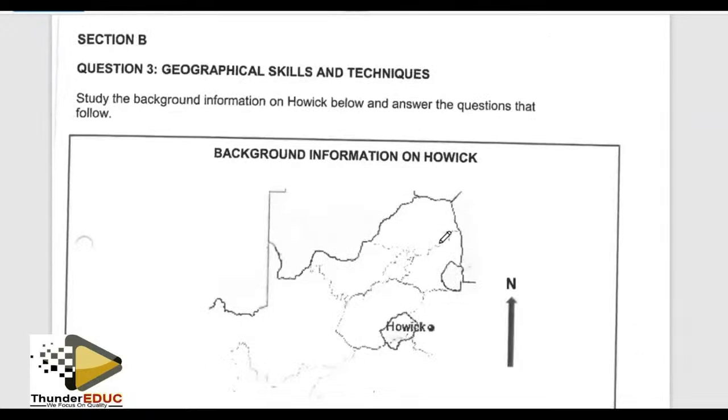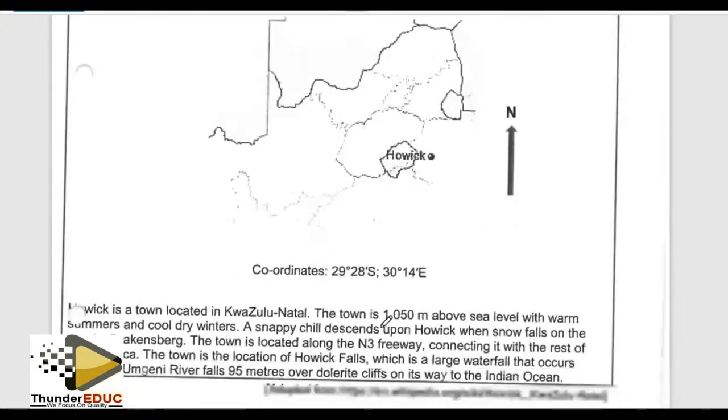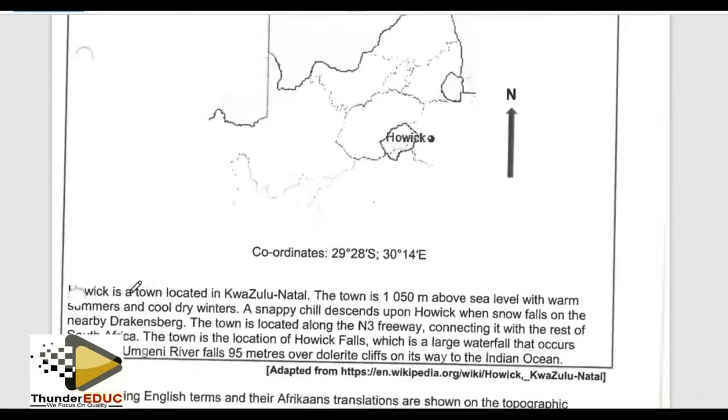Question 3, geographical skills and techniques. Background, the coordinates. Howick is a town located in KwaZulu-Natal. The town is 1,050 meters above sea level with warm summers and cool dry winters. Snap chill descends upon Howick when snow falls on the nearby Drakensberg.